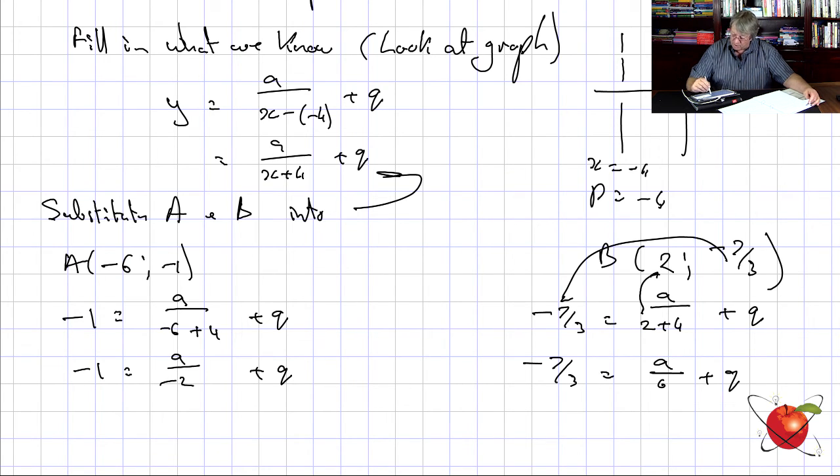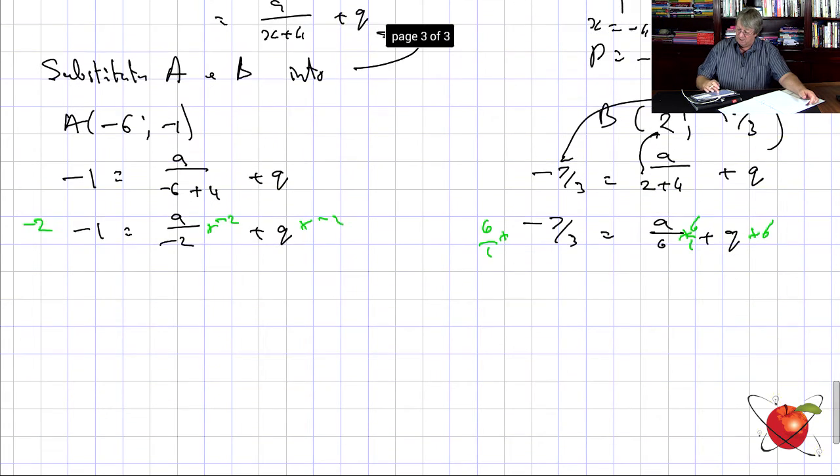They're going to all work out the same. What do I do? I multiply through by the LCD, times minus 2 on this side, and on this side I'm going to times by 6, because I want to get rid of the fractions, don't I?